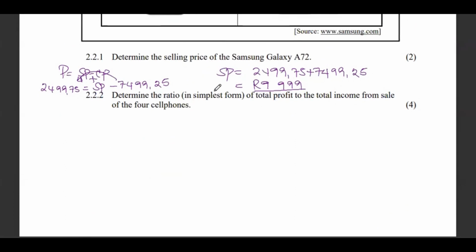Determine the ratio in simplest form of the total profit to the total income from sales of the 4 phones. So we are looking at a ratio of the total profit to total income from the sales of all the cell phones.